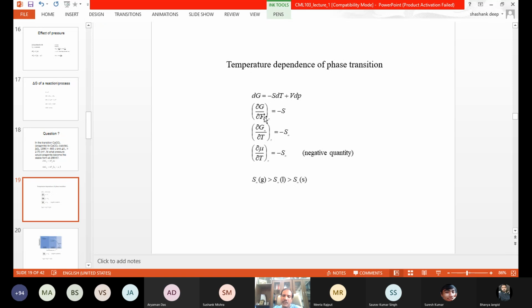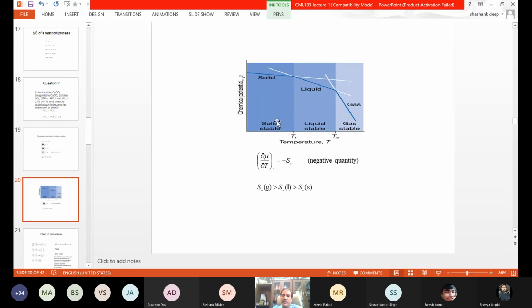It is equally true for the gaseous form, liquid form, and solid form. Since the entropy of gas is quite higher, you should expect that with increase in temperature, the decrease in Gibbs free energy of the gaseous form will be steeper. Am I right?